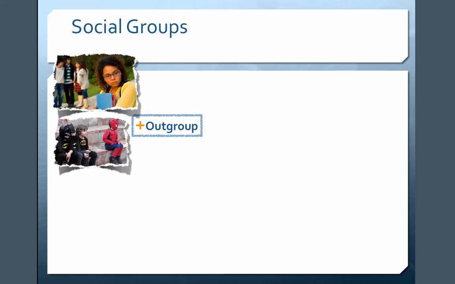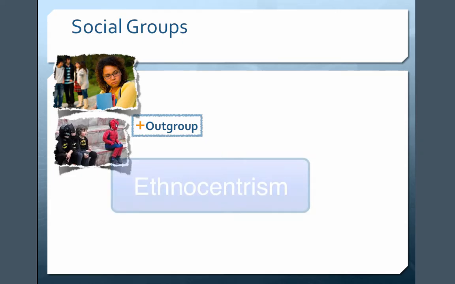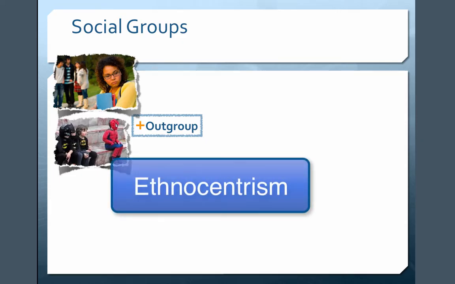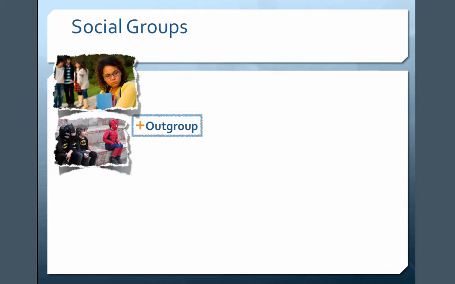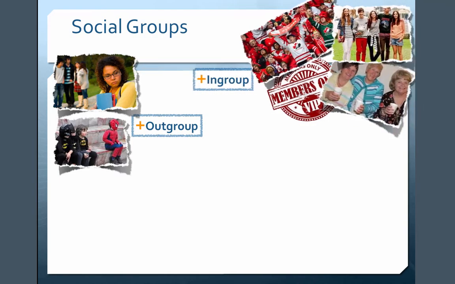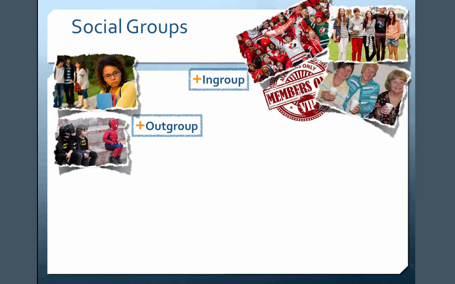And so these are where the boundaries can promote racism, sexism, ageism, and a sense of ethnocentrism. Ethnocentrism is where we see our own group, our own sense of who we are, as being superior to any other group.